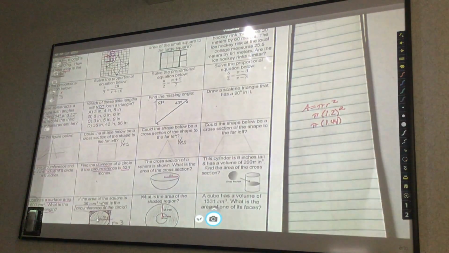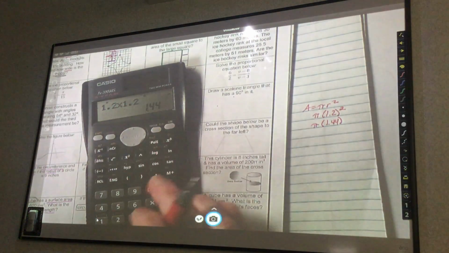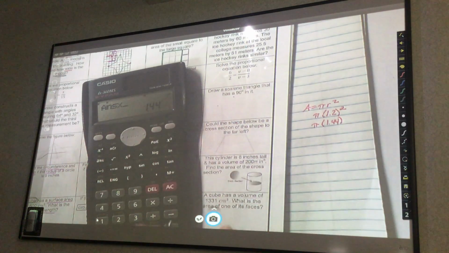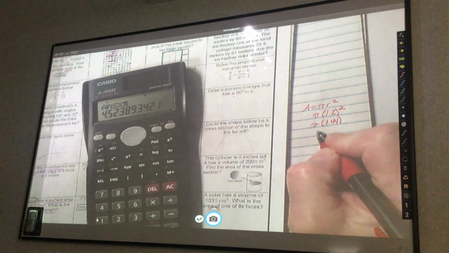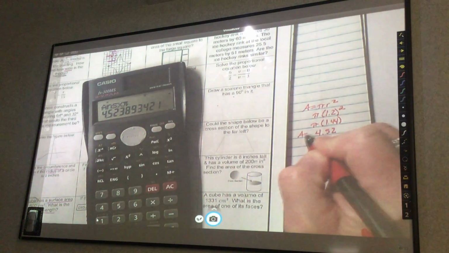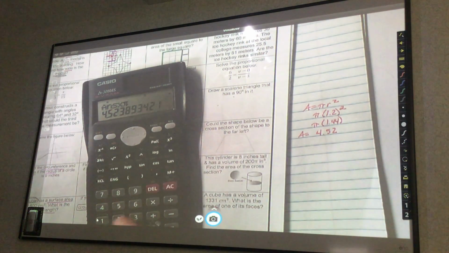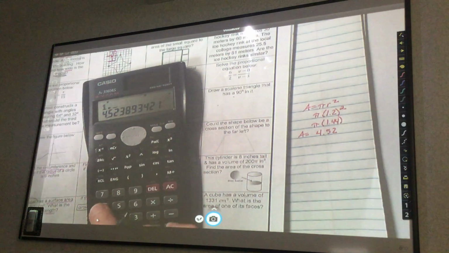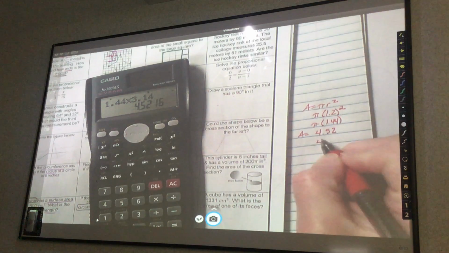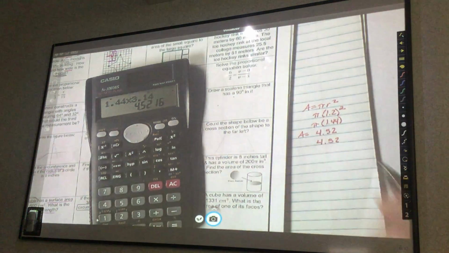Thank you. And then I take that times the pi button, and I get 4.52. Or if I take it times 3.14, it's 4.52, so it's actually the same.